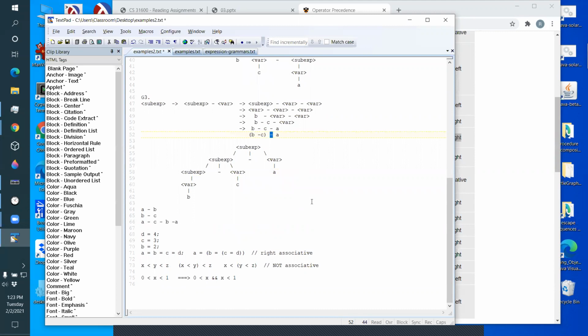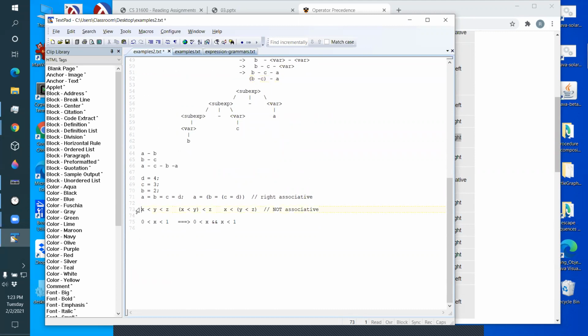And the operators that are non-associative, you'll get a grammar error when you write that. Another example was x plus plus plus plus. You can't do the plus plus of the plus plus. There is no associativity to that.